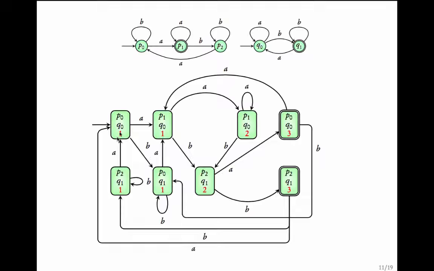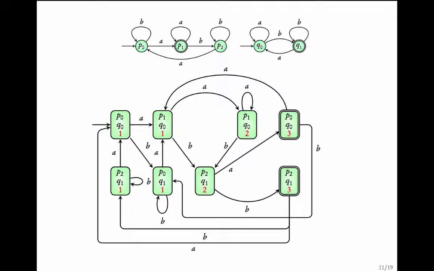So let us look at A, B, A, B, A, B, and so on. This thing will keep cycling and you will see that this accepting state would be seen infinitely often.